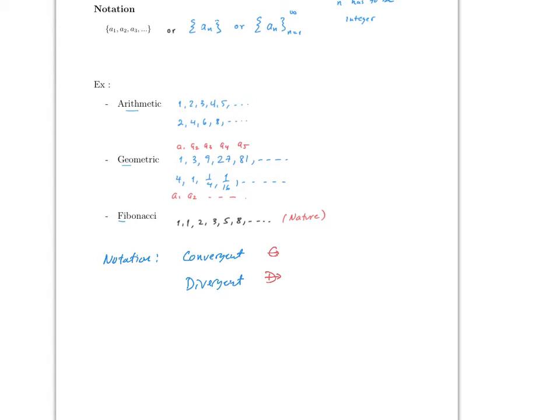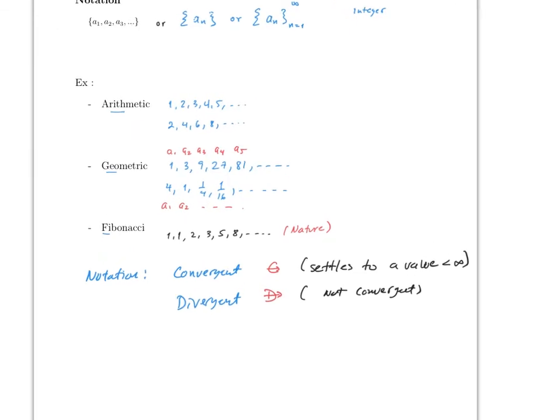So convergent means you can think of it as settling to a value, and the value has to be finite. And divergent obviously means not convergent, which means it either doesn't settle to a value or keeps changing values all the time, but it doesn't settle to anything.